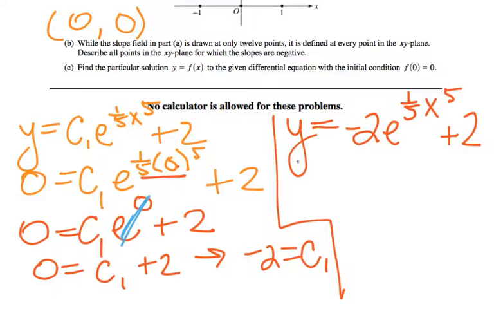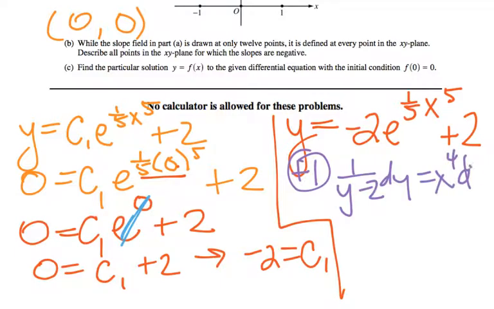So the first point in this problem was earned if you separated the variables. So if you got to 1 over y minus 2 dy equals x to the 4th dx, you earned 1 point. The next point came from taking the integral, or the antiderivative. So if you integrated that correctly, you actually earned 2 points.